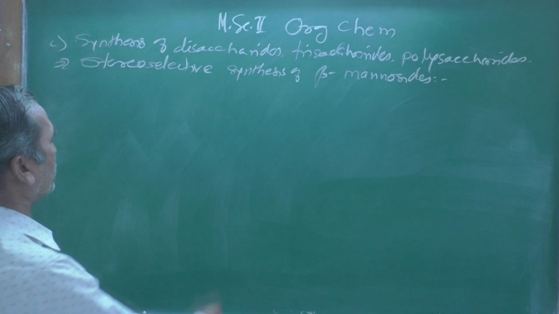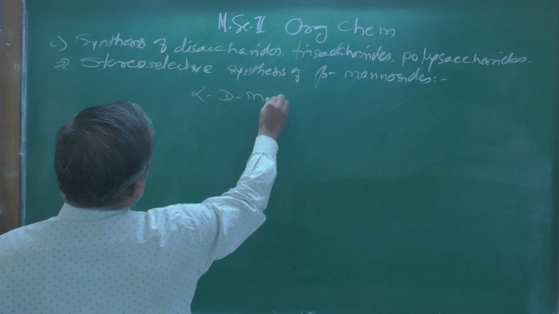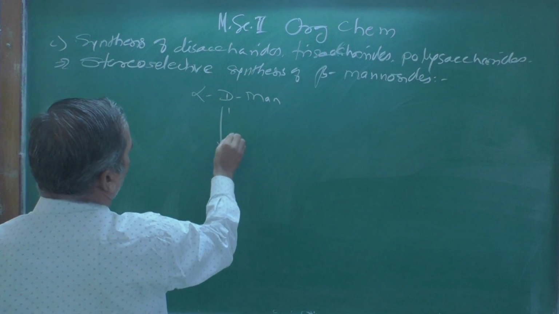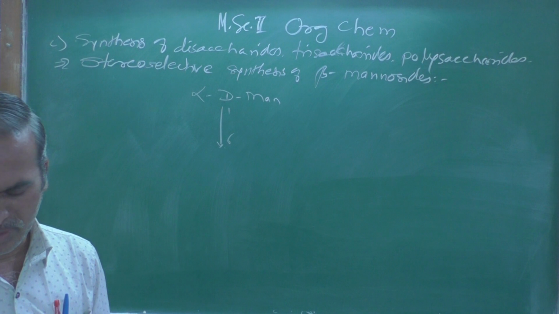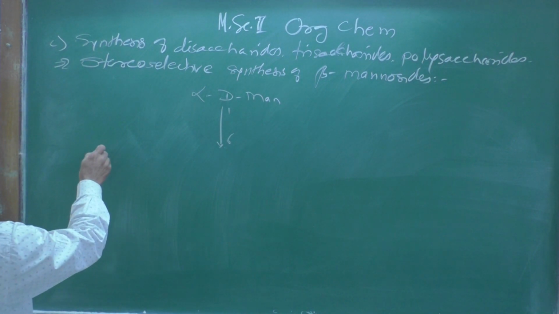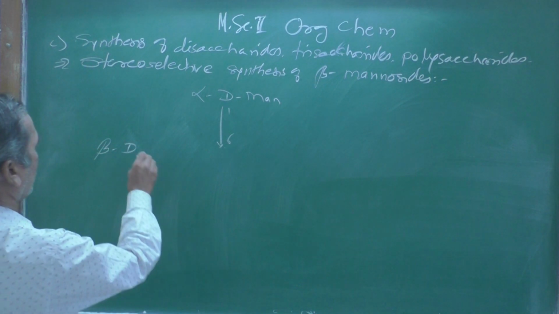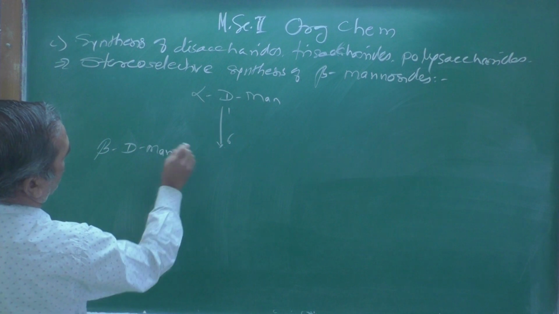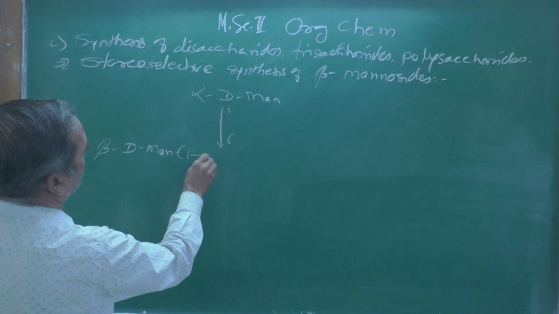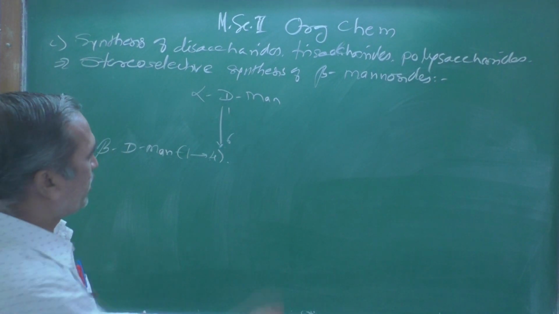Let's see, over here is alpha-D-mannoside. In short, I am showing here 1 to 6. That is scheme number 1 I am going to represent over here. Now, here is a beta-D-mannoside, and in the bracket 1 to 4, that is the linkage shown over here.